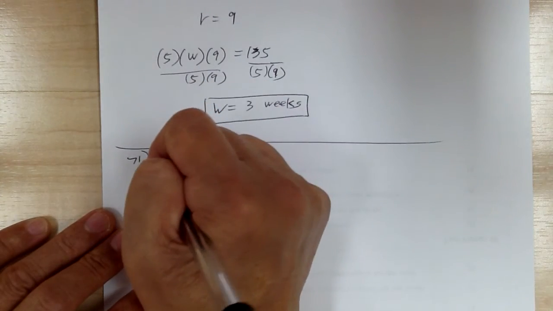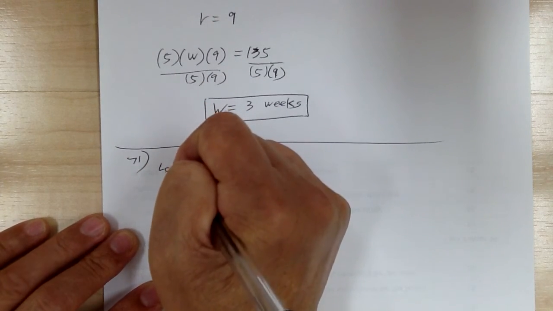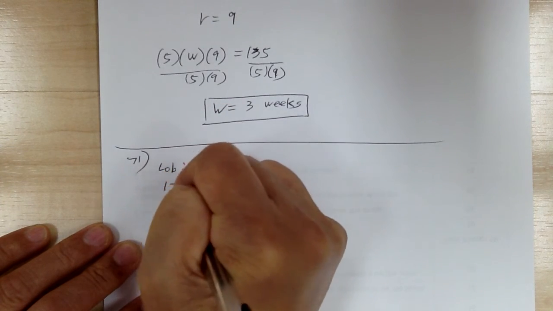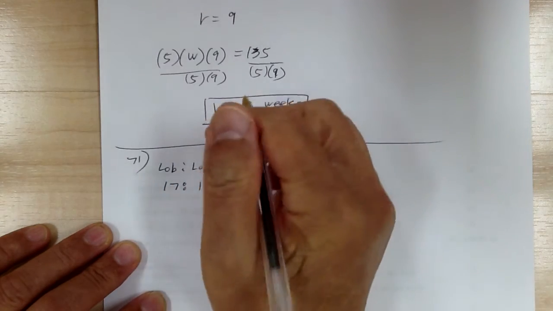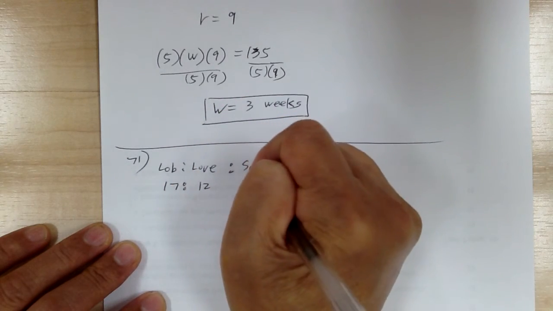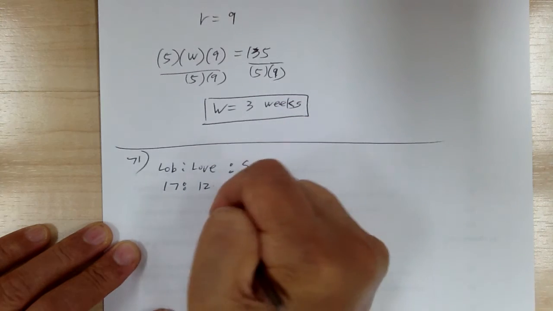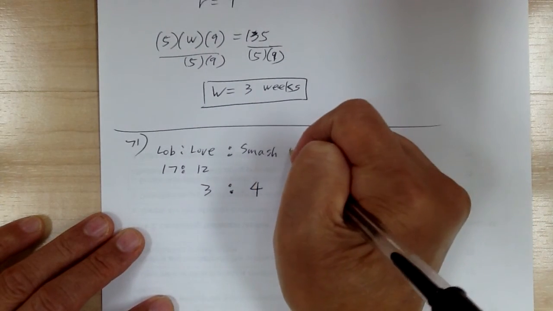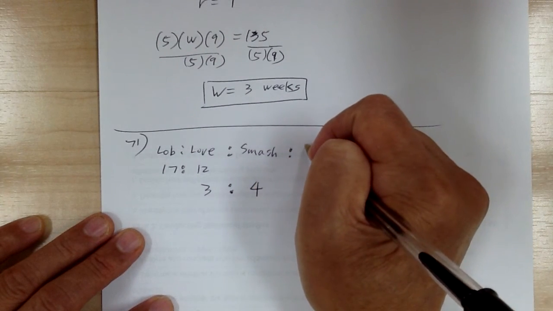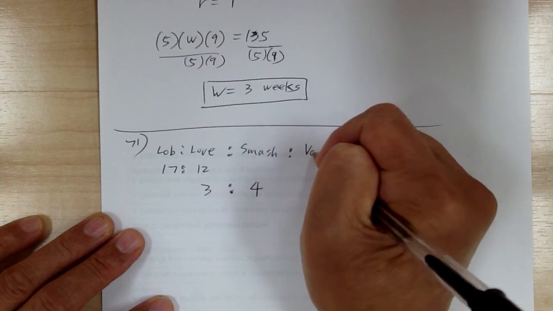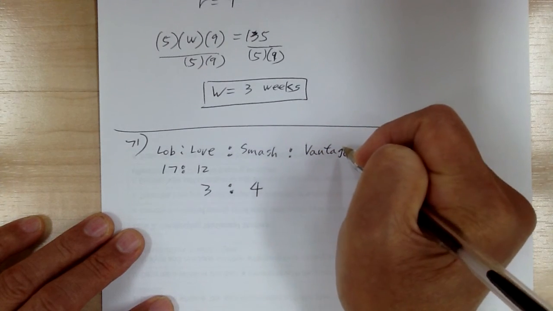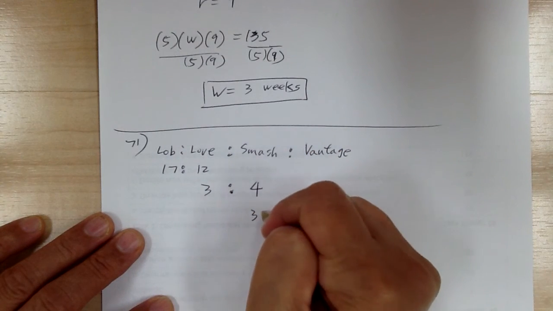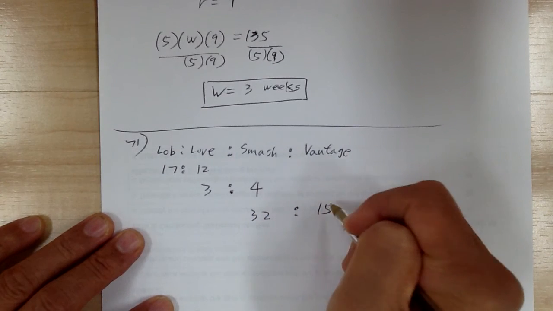So you have lab to love is 17 to 12, and love to smash is 3 to 4, and smash to vintage is 32 to 15.